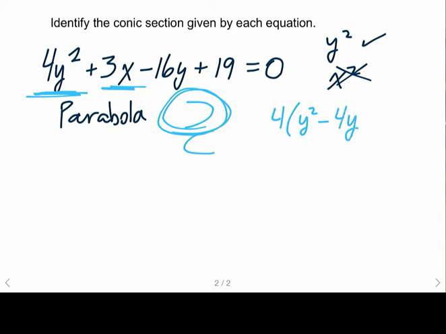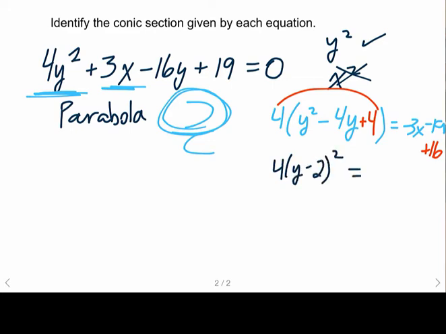So I'd have 4 times the quantity of y squared minus 4y, and then maybe I'll subtract the 3x and the 19, moving them to the right-hand side, and then inside the parentheses, cut that negative 4 in half and square it, and then what did I really add? I really added 16, and so we end up with 4 times the quantity of y minus 2 squared is equal to negative 3x minus 3.